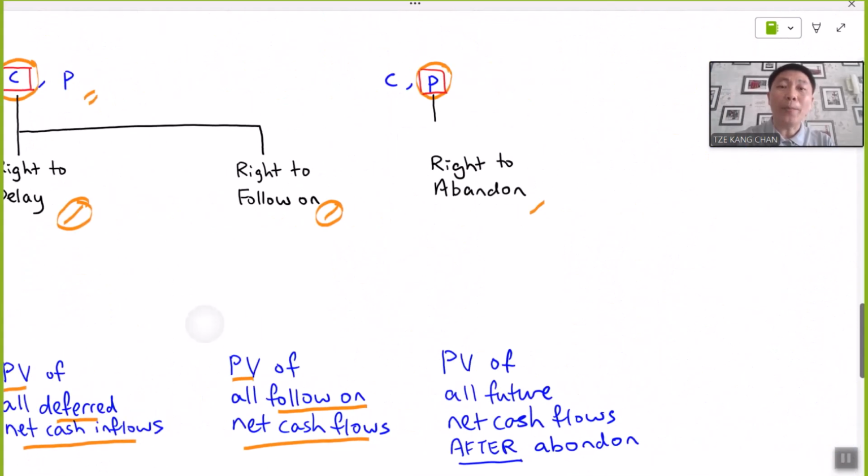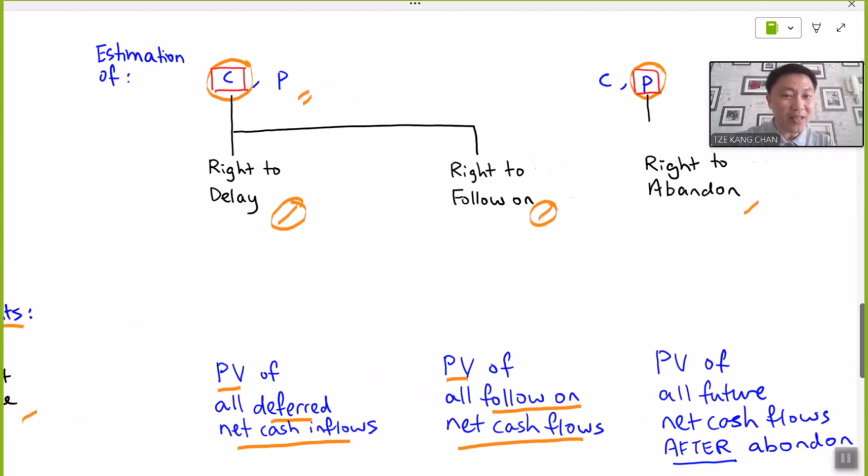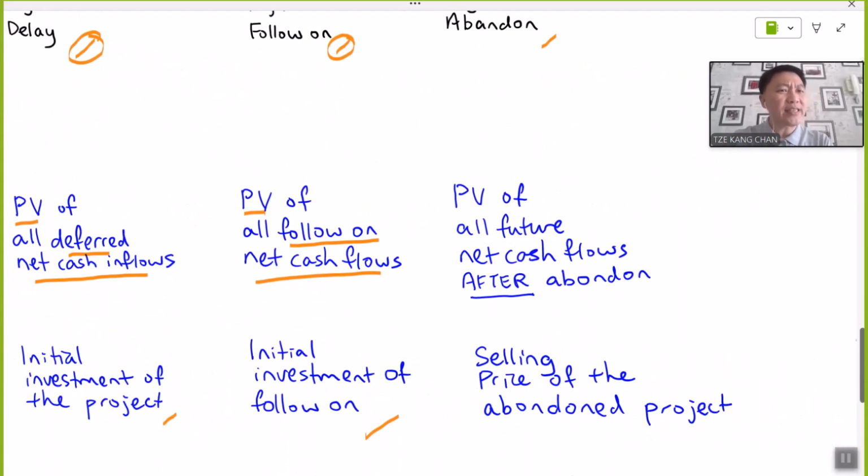Finally, how about the projects that carry rights to abandon? In terms of PA, the value of the asset, what does this come from? It is mainly made up of the present value of all the future net cash flow after abandoning the projects. So, turning this future cash flow into the present value would represent the value of the assets itself.